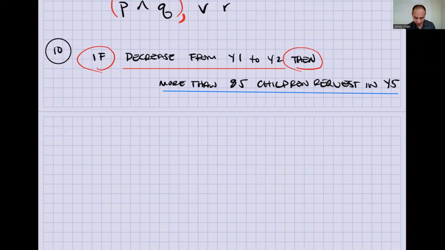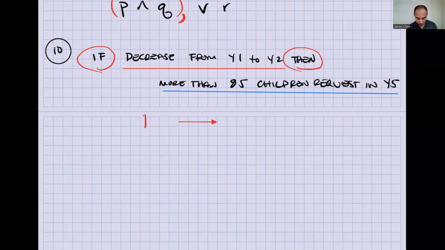So I have this statement right here. What's before the arrow? Is there a decrease from year 1 to year 2? Well, you guys have to look at the graph. The graph looks like this, right? So there's not, so is that true or false?